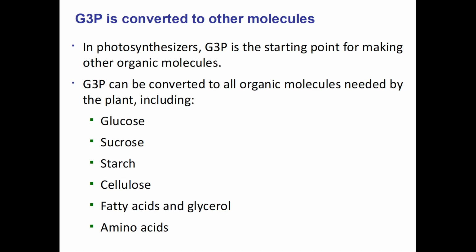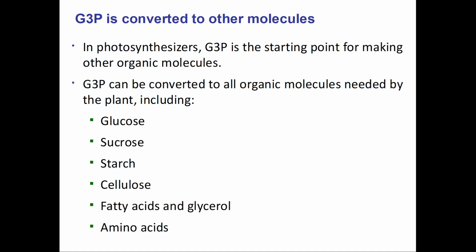G3P can be used to create all the other organic molecules that are needed by the plant. So that's glucose, the sugar, a carbon source, of course, sucrose and starch and cellulose, larger sugars, and then fatty acids, glycerol, and amino acids.